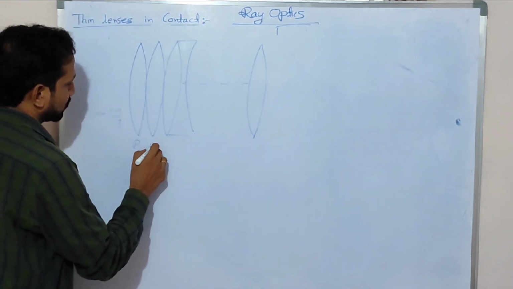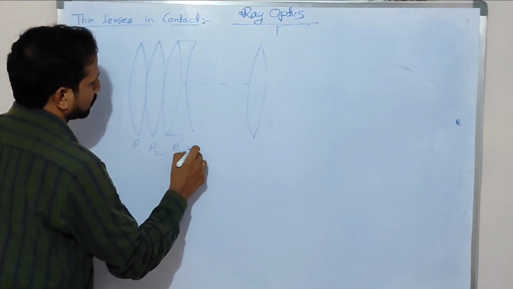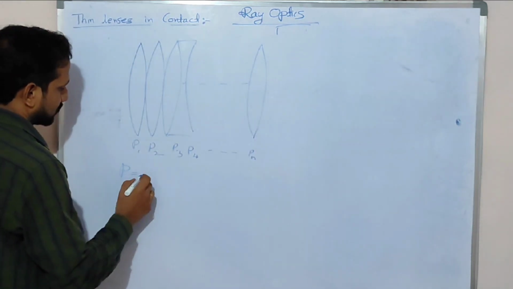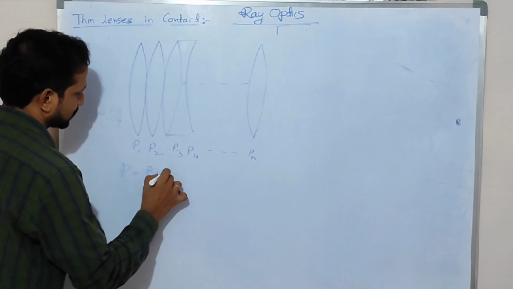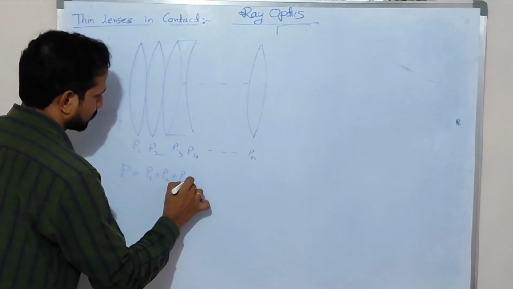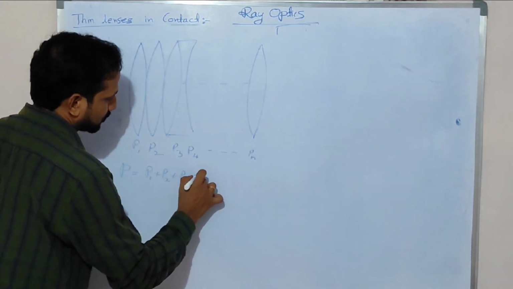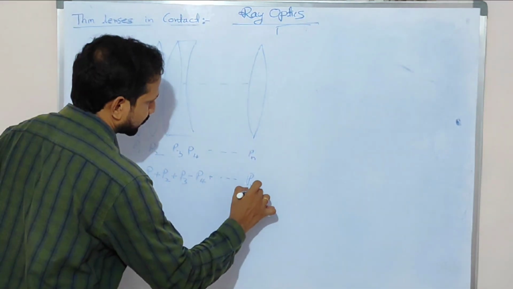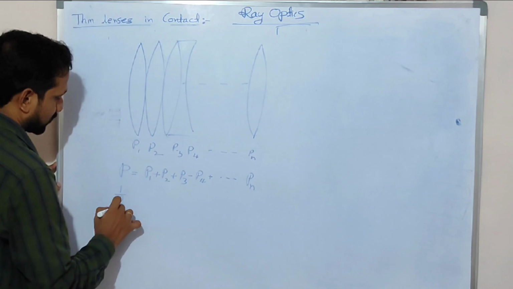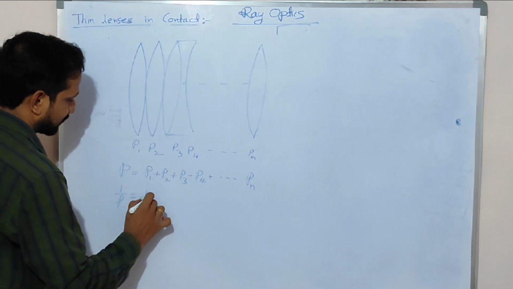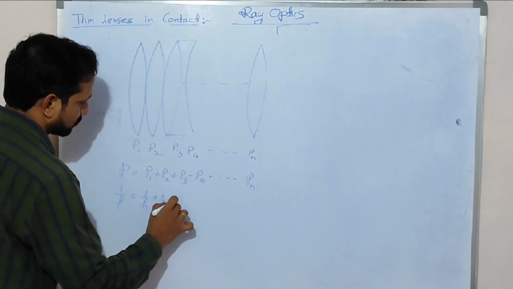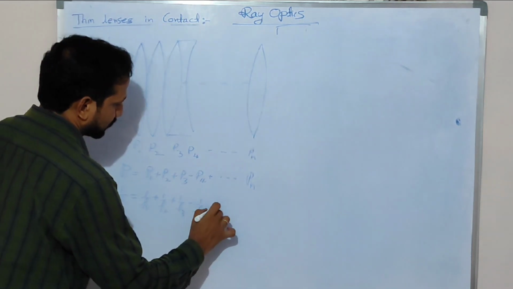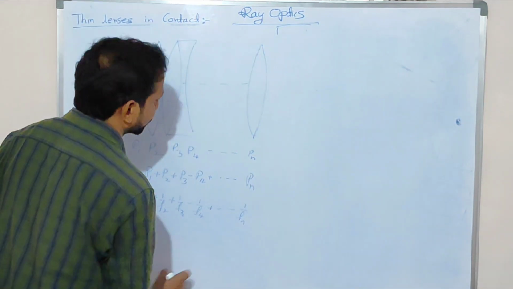So the powers are P1, P2, P3, P4 and so on, Pn. Then total power equals P1 plus P2 plus P3, here P4 should be negative, and so on, up to Pn. The effective focal length is 1 by f equals 1 by f1 plus 1 by f2 plus 1 by f3 minus 1 by f4 plus and so on, 1 by fn.